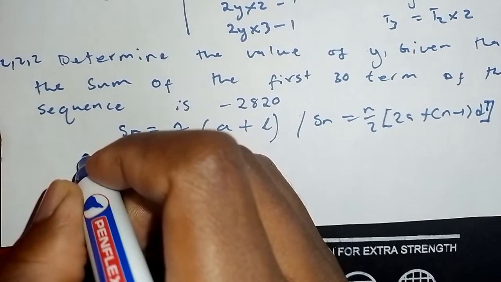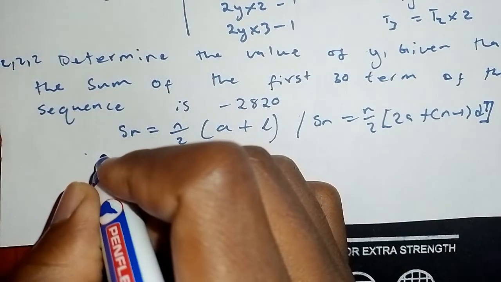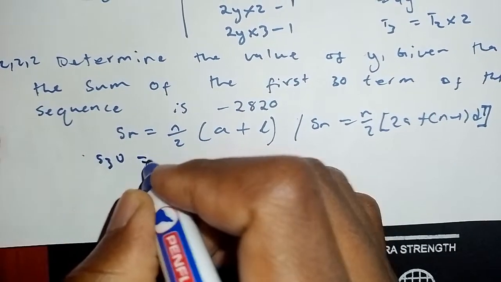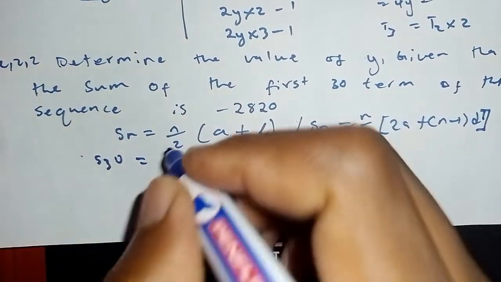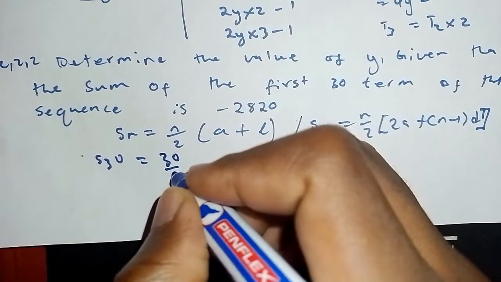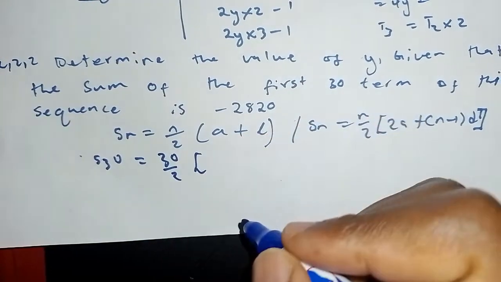Now they say the sum of 30 terms. S30 is equal to, what is n here? The value of n is 30, over 2 into, what is a?